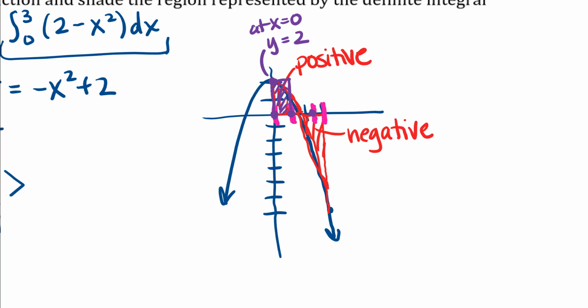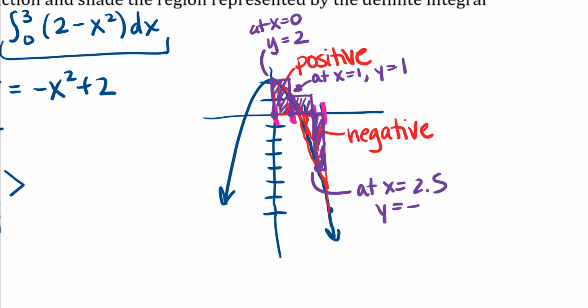All right, the next subinterval, the left endpoint is at x equals 1, and the y-coordinate there is y equals 1, and so that's the height of this next rectangle, 1. So it's 1.5 units wide and 1 unit tall. All right, and then the next subinterval is using x equals 2.5, and the y-coordinate at x equals 2.5 is negative 4.25. So for that one, I have a rectangle that goes down below the x-axis here.